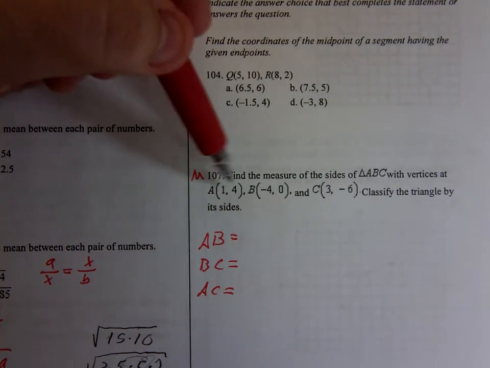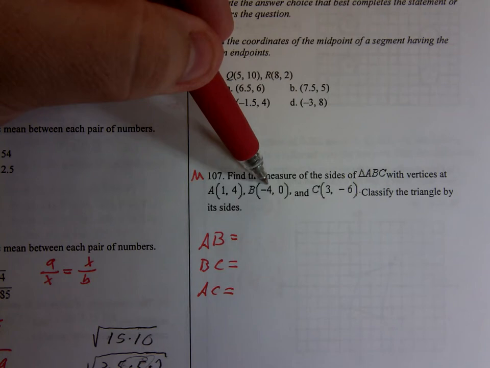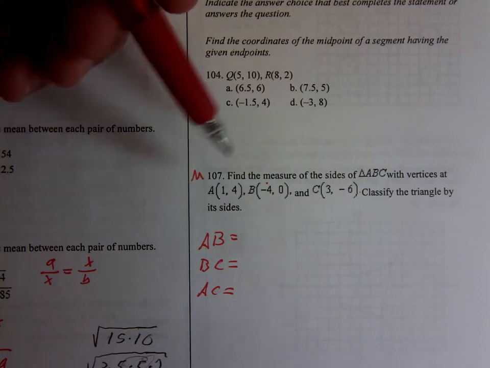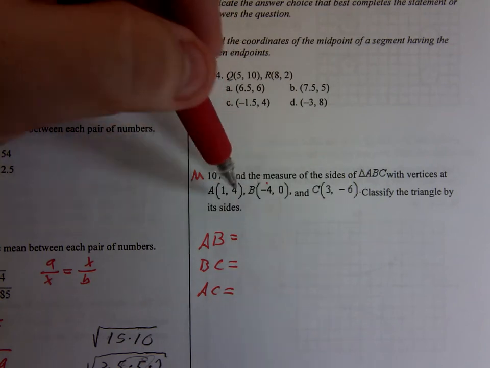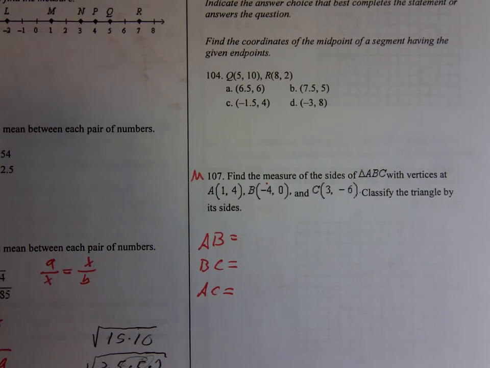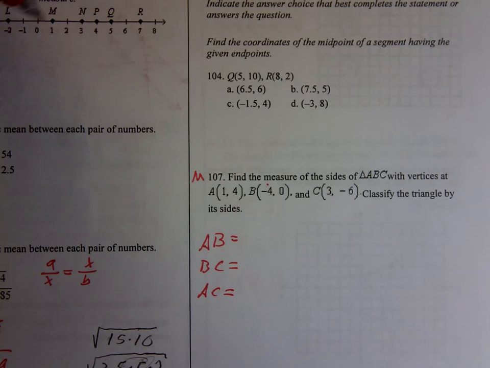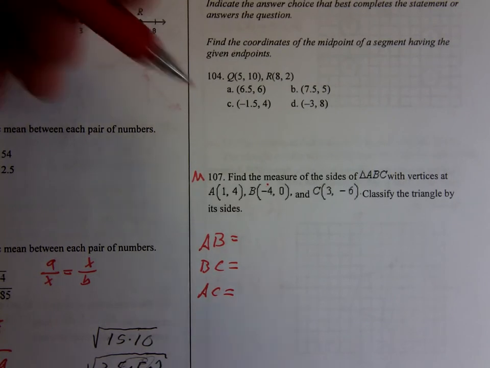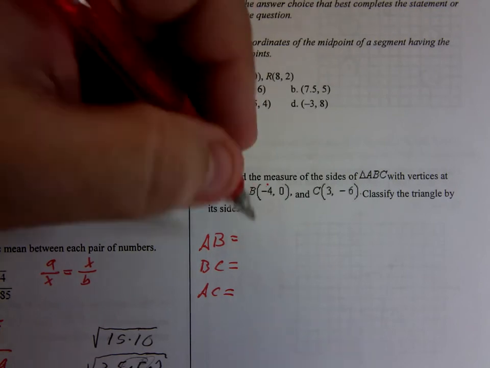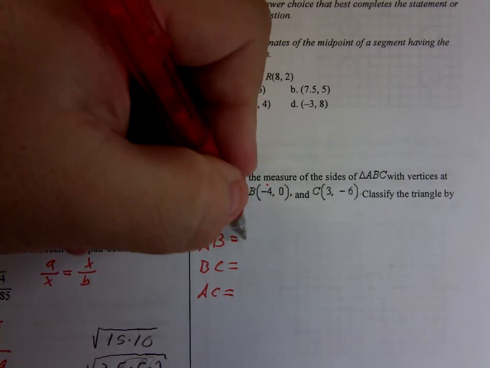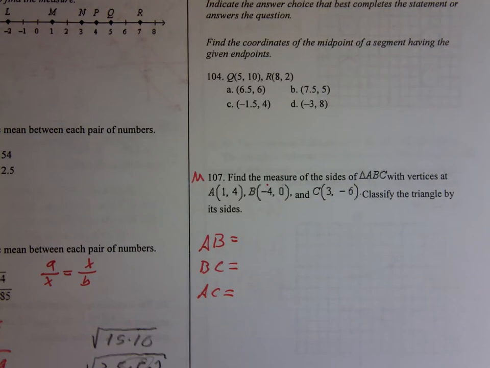How far is it from 1 to negative 4? It's negative 5. Okay. Square it is 25. So far so good. And from 4 to 0, it's just 4. So 4 squared is 16. So 25 plus 16, what is that? 31. Close. 25 plus 16? 41.